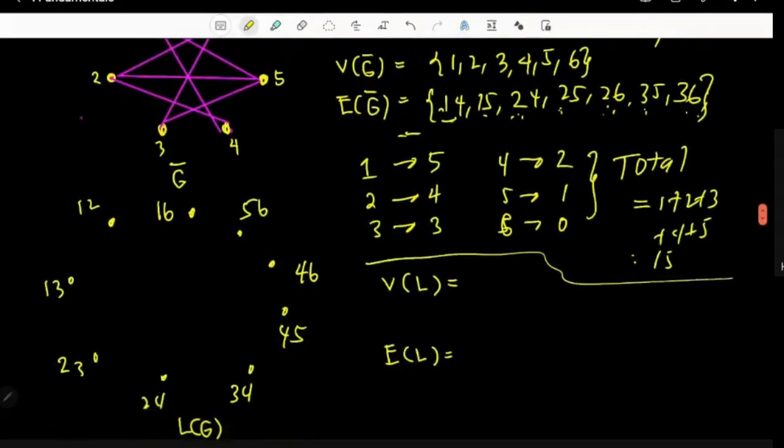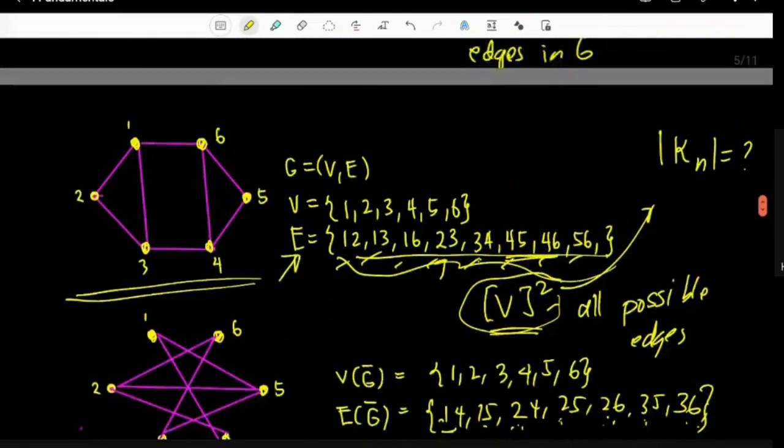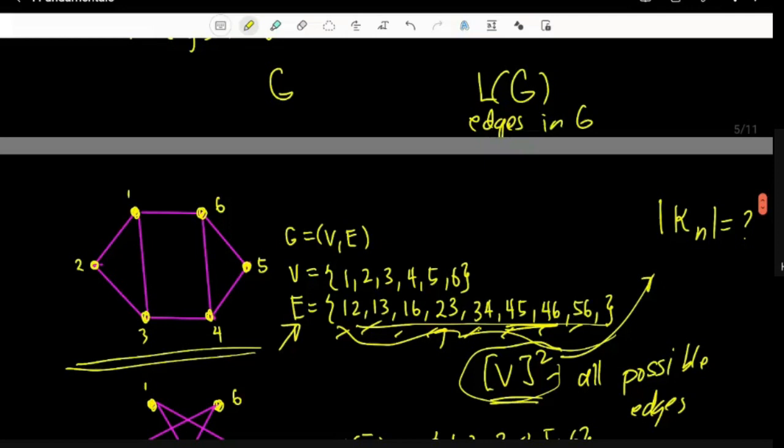So, those are the edges in G, which will now be the vertices of LG, the line graph of G. Now, how do you connect these vertices? As an edge, titingnan mo siya as an edge in G. Pag yung edge na yon ay adjacent, as a vertex, adjacent din sila.